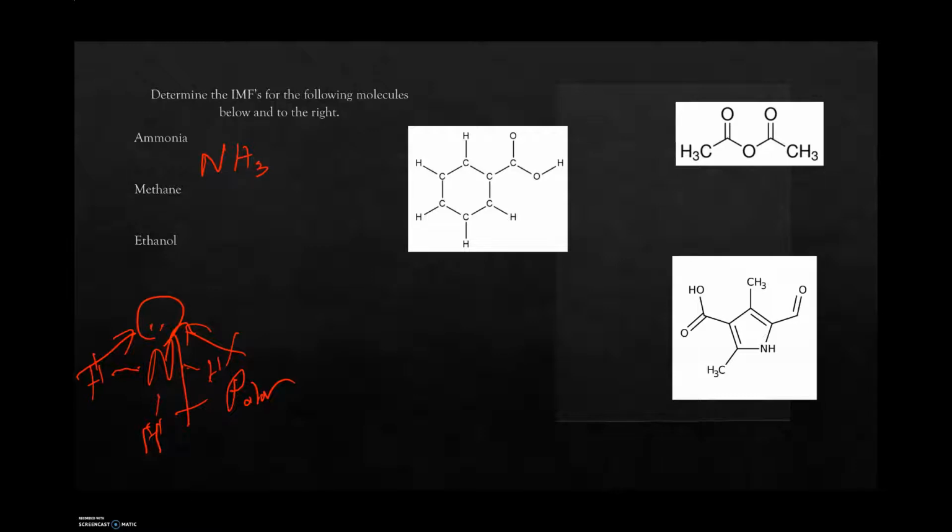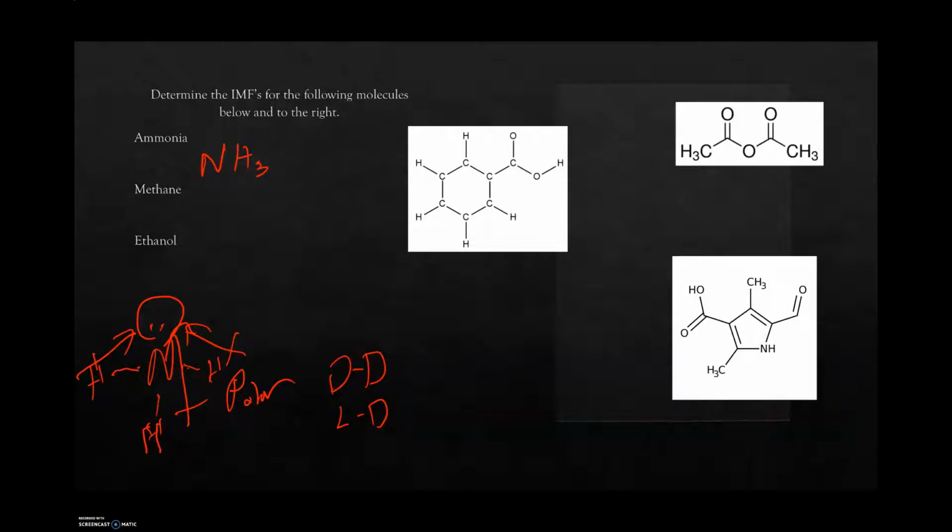Now the one that should be most obvious is the fact that since we know it's polar, it's going to be dipole-dipole. That's the first one. And London dispersion is the second one.